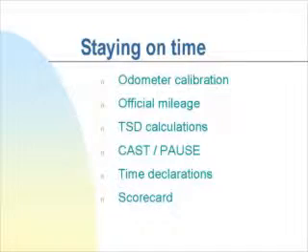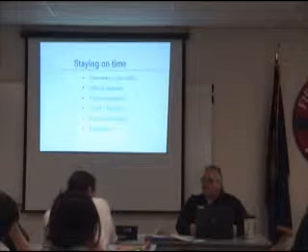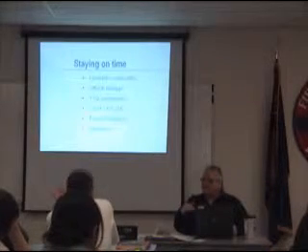Let's see. We've talked about average speed. CAS tells you what your average speed should be and what pauses are given. And again, if you're going to be trying to stay on time, my suggestion would be that you run a little bit higher than the stated CAS. They should be giving you a CAS lower than the legal speed limit.